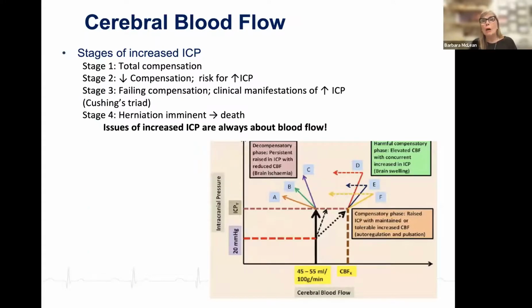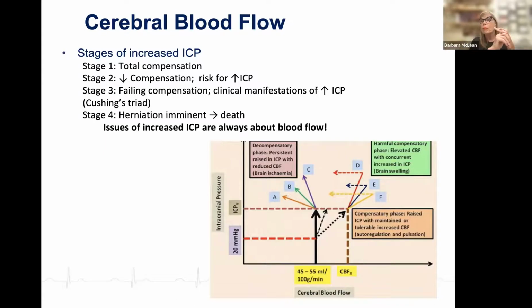Okay, so this is a very busy slide, but it's actually quite important. What we talk about with ICP is first stage, which is you yourself, as the individual with increased ICP, are going to compensate by shifting cerebral spinal fluid.